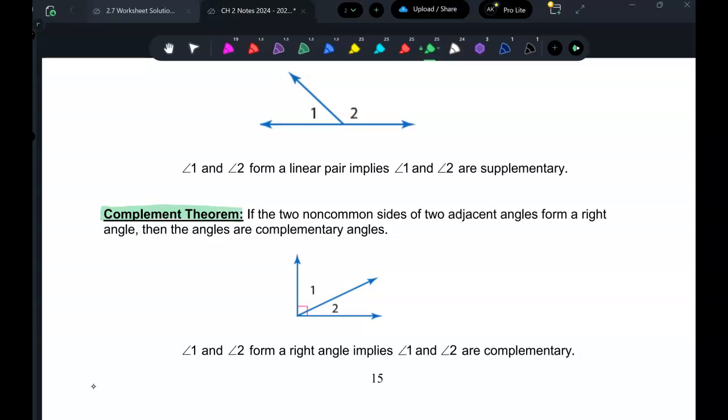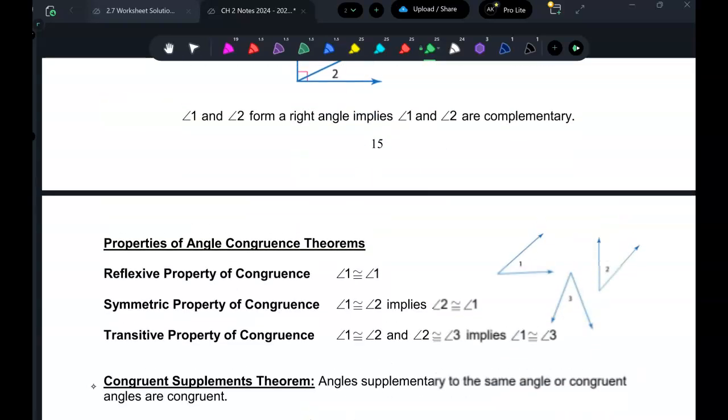We're just going to start using it in proofs. If we have adjacent angles that form a right angle, then the angles are complementary. If they're complementary, then we can say they equal 90 degrees.